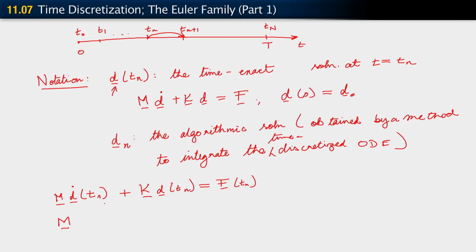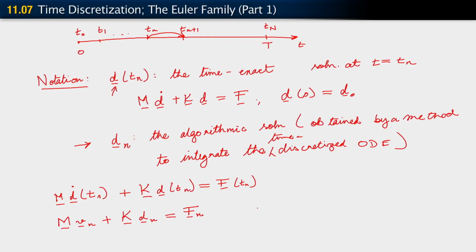Just as a term, it's really just the rate of the solution, but we use the canonical or generalized term velocity for a rate here. And so we would write this as v, indicating a velocity. Now, this is not a time exact quantity, so we are going to denote it as v sub n, plus K d n equals F at n.